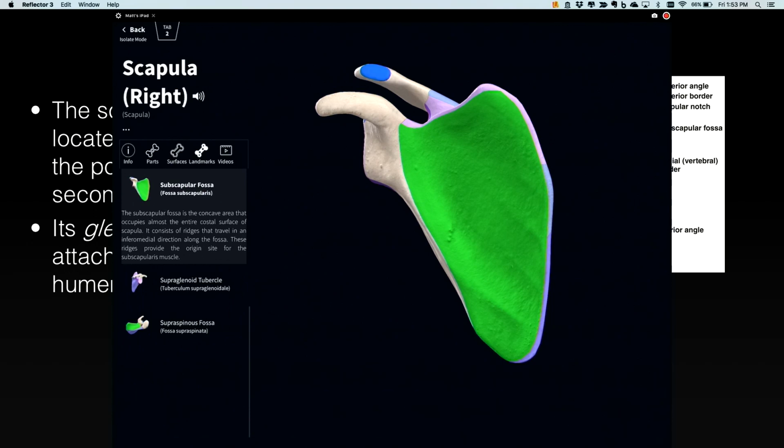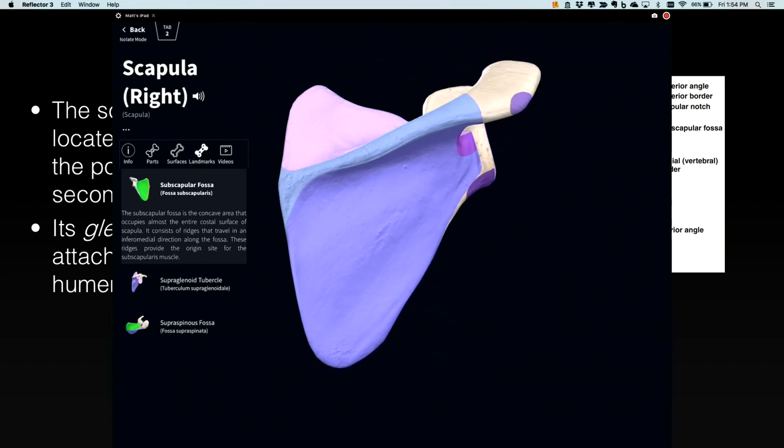And subscapular fossa, below the scapula, on the anterior surface. And I'm bringing these up now because when we get into the section on muscles, there are obvious and important muscles that originate from these positions. So it's important, I think, to talk about them now.